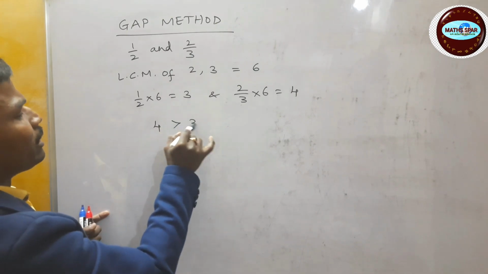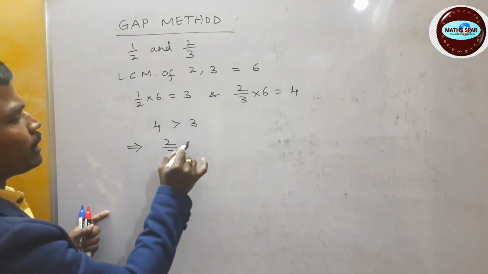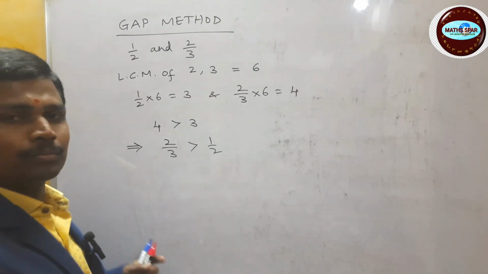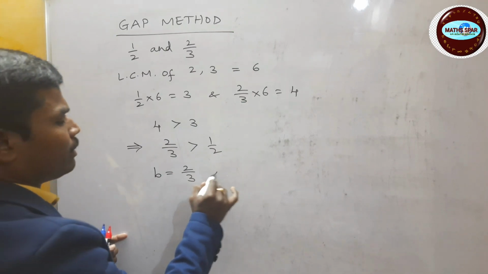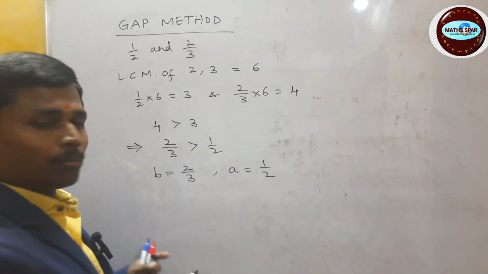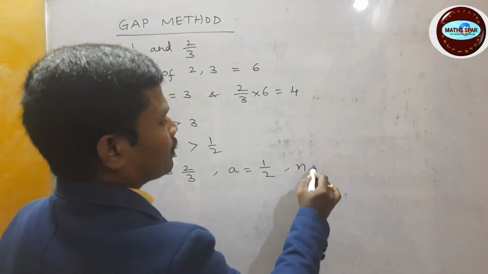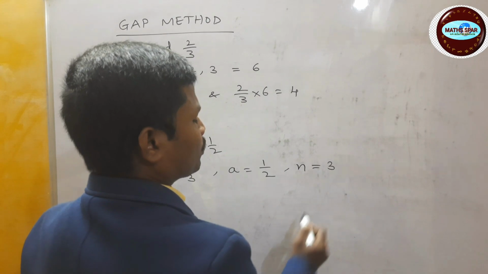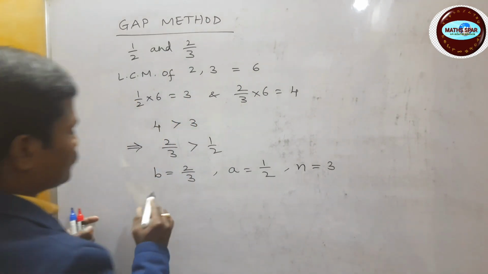So 4 is greater than 3. As 4 is greater than 3, 2 by 3 is greater than 1 by 2. We will consider B as 2 by 3, which is bigger. A is 1 by 2, that is smaller, and n, the number of rational numbers to be found here, let us assume 3 rational numbers.